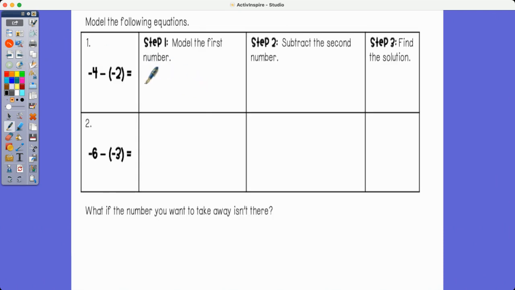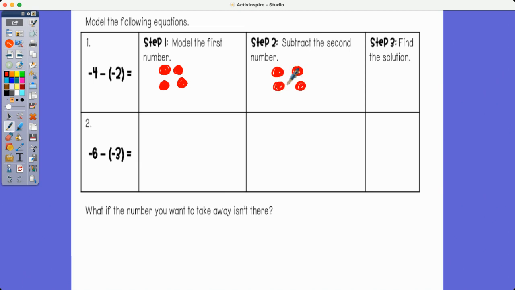The very first thing we're going to do is model negative 4. Remember, negative counters are colored in. 1, 2, 3, 4. And then the second step is to subtract the second number.